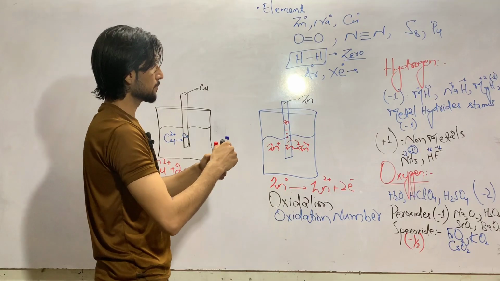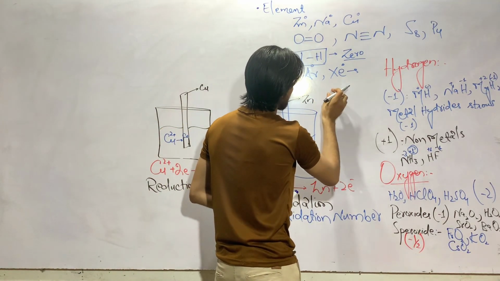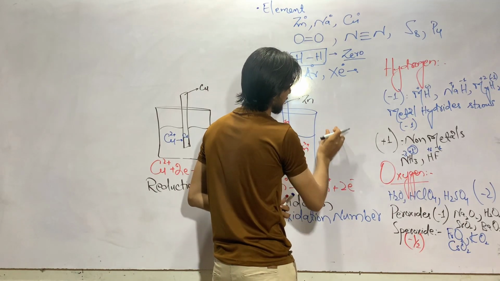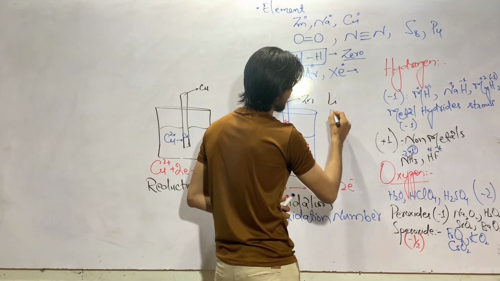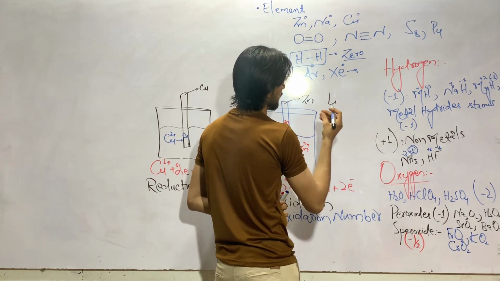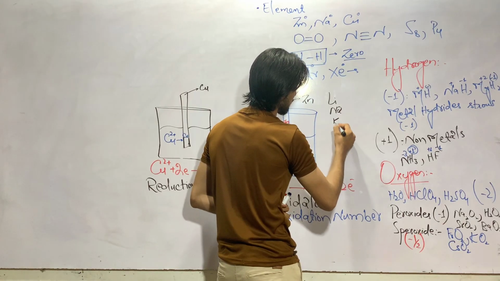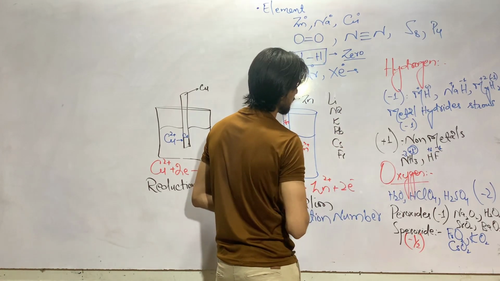Those 14 elements are: number one, group 1A elements except hydrogen. So you will be left with lithium, sodium, potassium, rubidium, cesium, and francium.